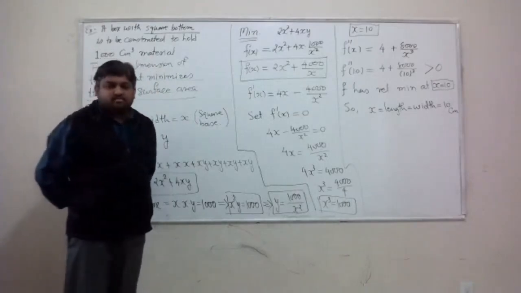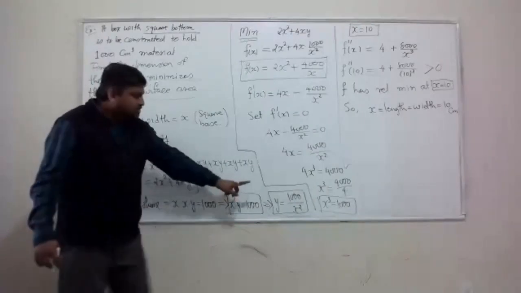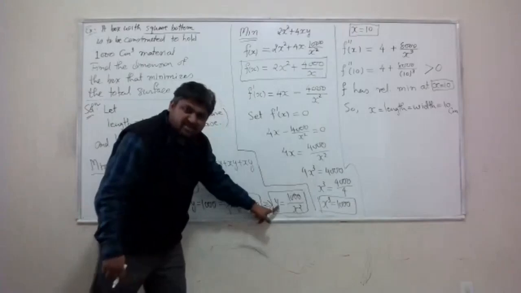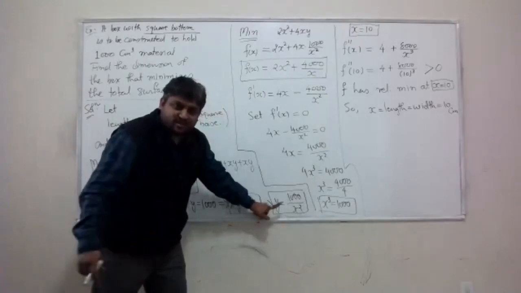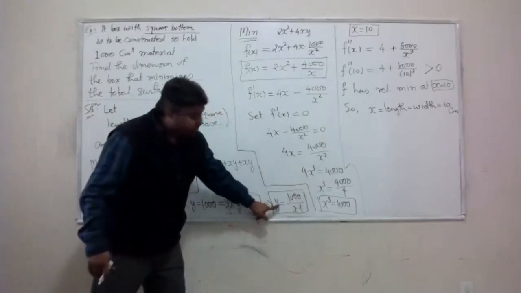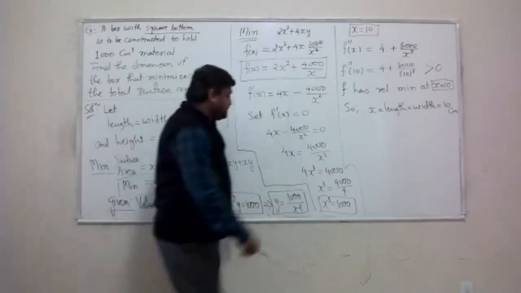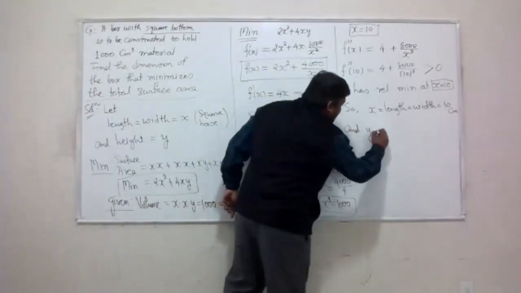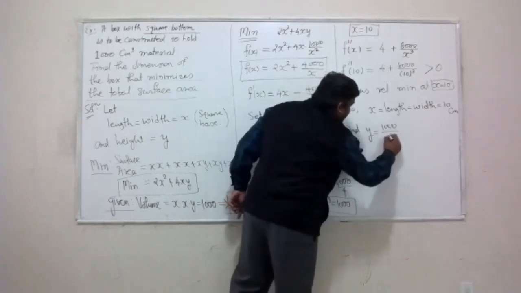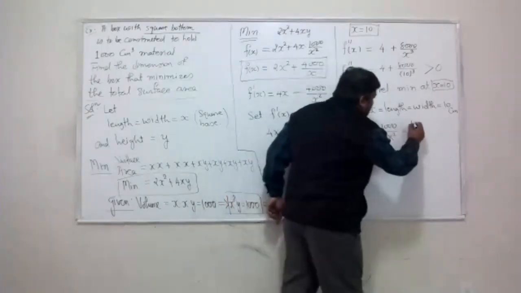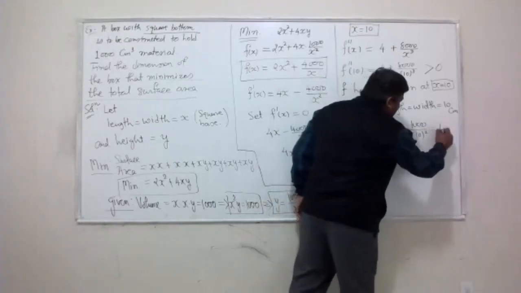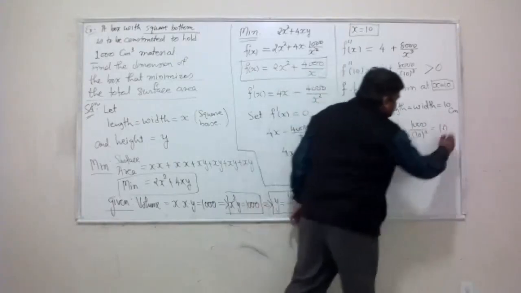What should be the height? Let's find it out. To compute the height, you will have to plug your x value into the relationship between x and y. We already got that relationship to get the function. So let's compute y. Y is 1000 divided by x squared. 1000 divided by 100 is just 10.